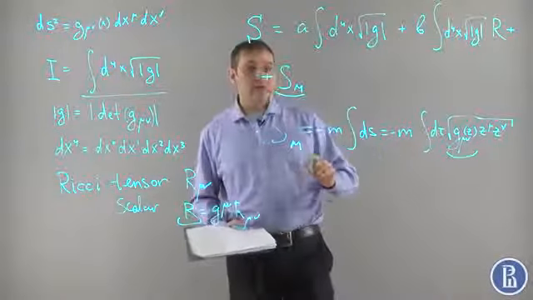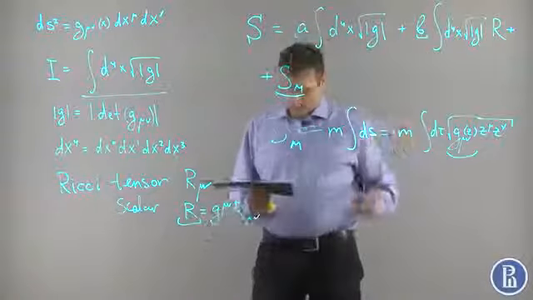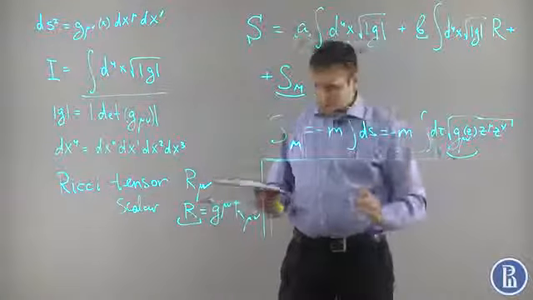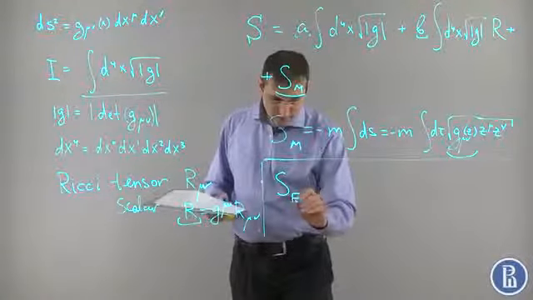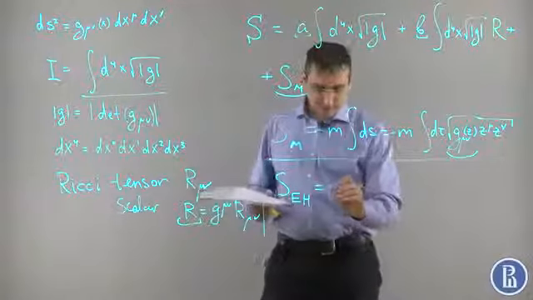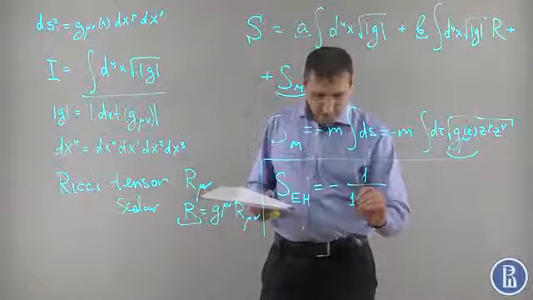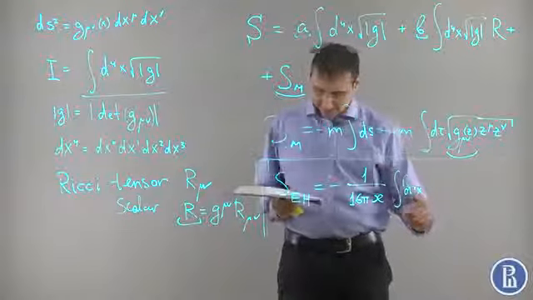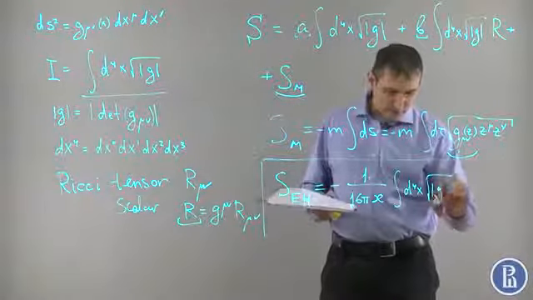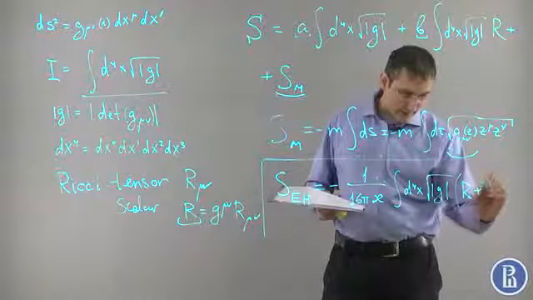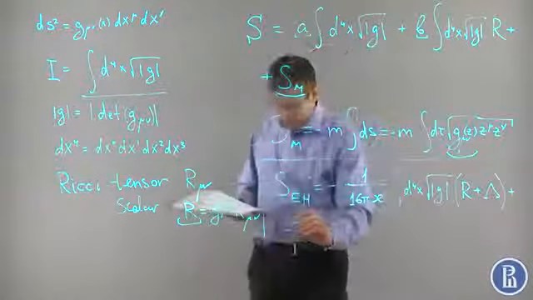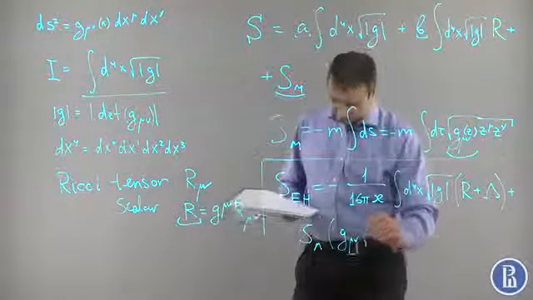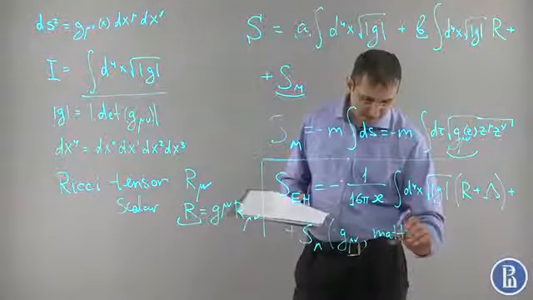What remains to be done is to fix these constants, and the total action that we are going to work with is the following. It is minus 1 over 16 pi kappa times the integral over d^4x square root of modulus of g times (R plus lambda), plus S matter, which contains the metric tensor and matter fields or particles.